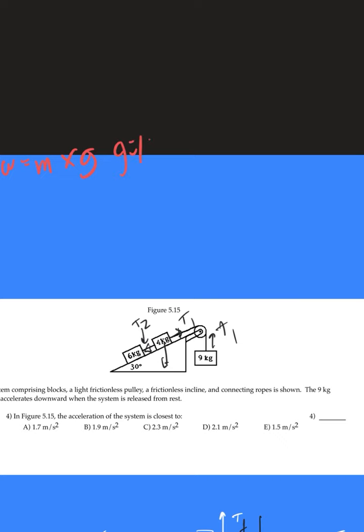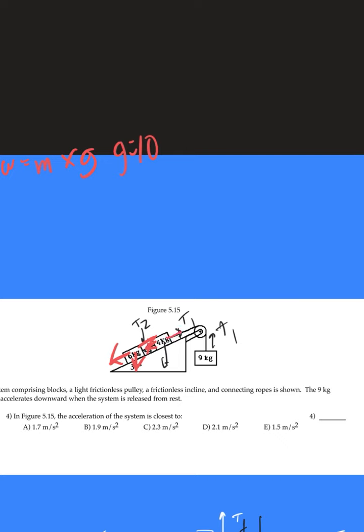Gravity is obviously 10 again. So we have this first box. There's weight going down, force going to the left. This one's 6. There's a normal force going up, force going down.